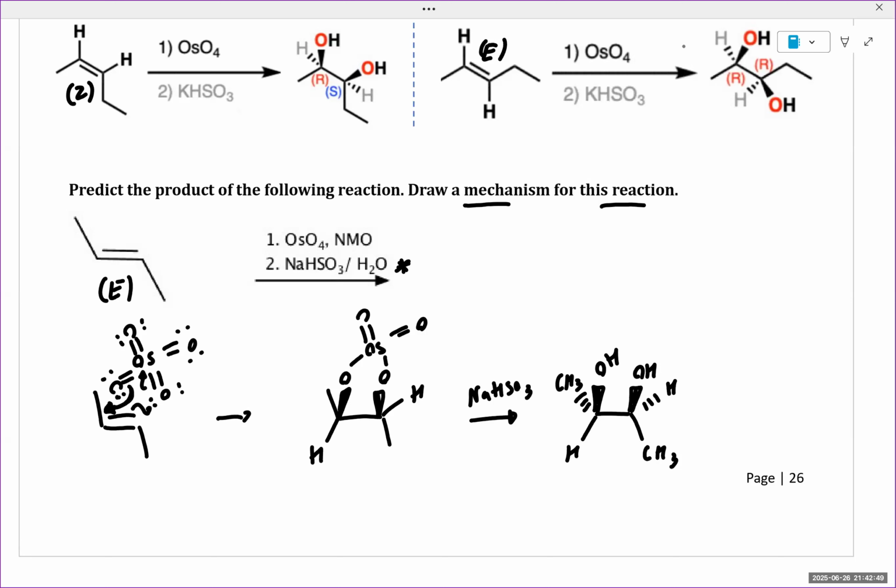And in this case, we do observe this product plus the enantiomer. Wonderful.